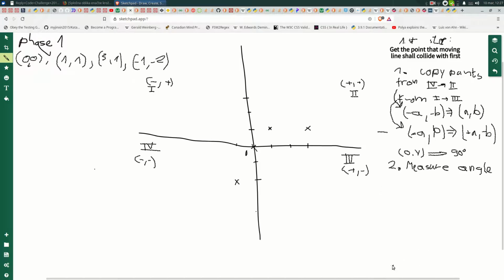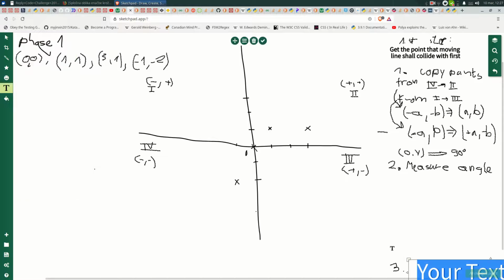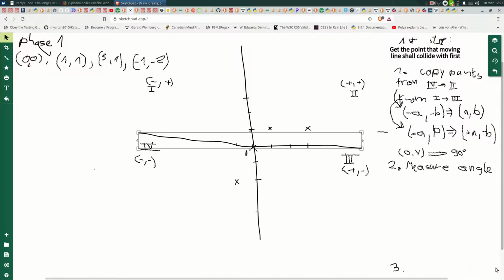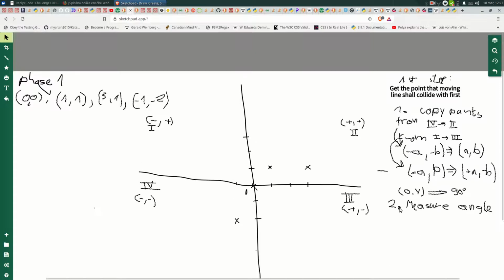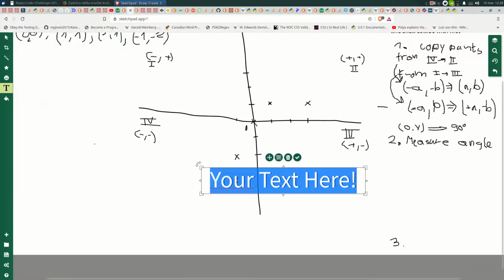And the third point shall be to get the point that's hit by the moving line, like just 3. I should just write the text here. And the controller is inverted, man.